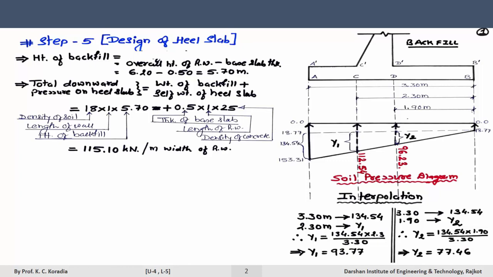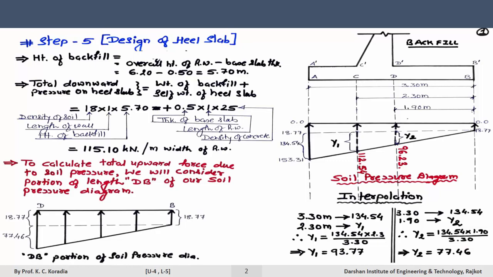The addition of these two values, that is weight of backfill plus self weight of heel slab, will give a value equal to 115.10 kilonewton per meter width of the retaining wall. This width is to be considered from D towards B. This 115.10 kilonewton force is acting in a vertical downward direction.